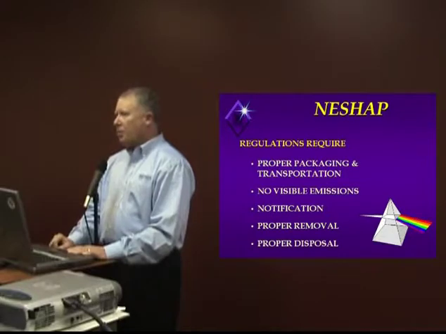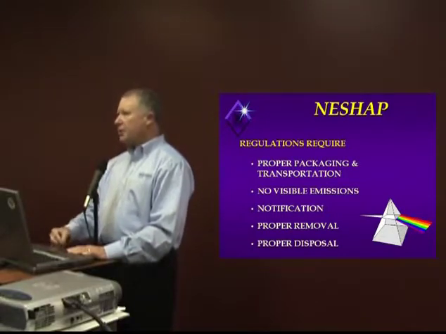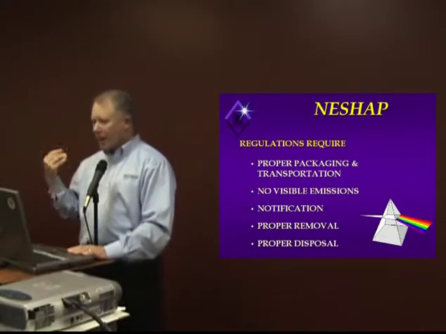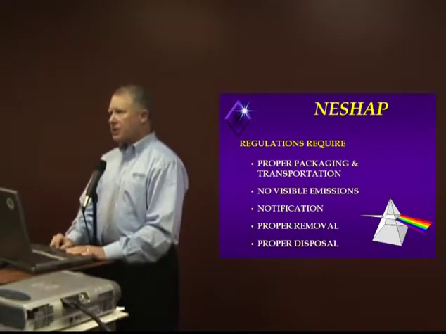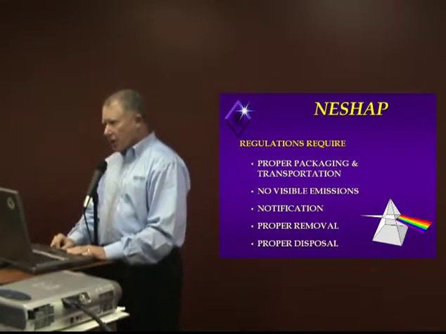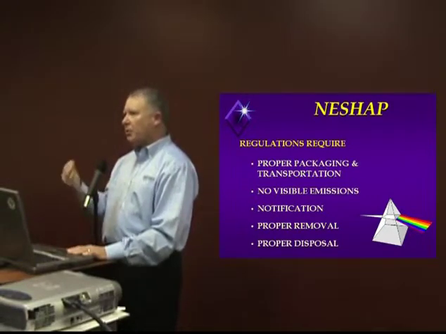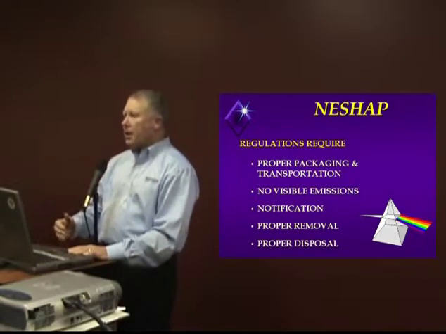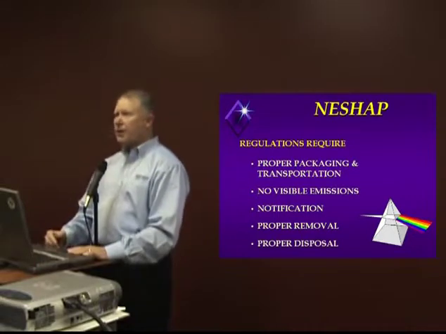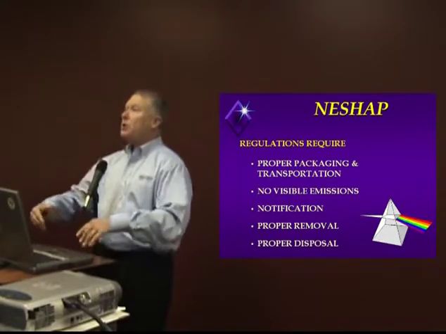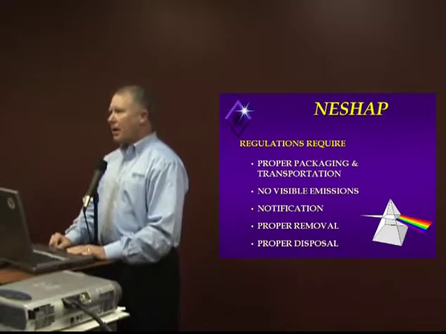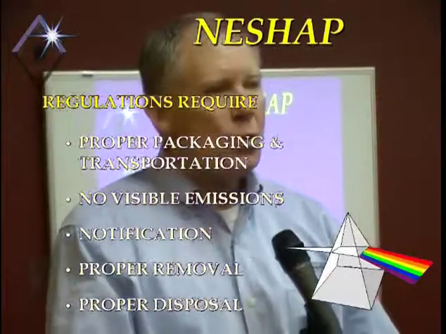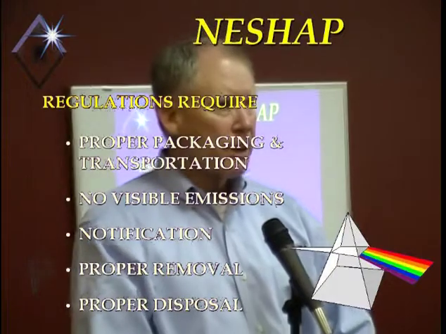NESHAP also has a number of other specific requirements. It requires a specific way for packaging and transporting asbestos-containing waste materials. It has a specific stipulation that you can't generate any visible wastes. If you're tearing down a building with asbestos, you can't have dust from asbestos going out into the environment outside. You are required under NESHAP to make a notification.